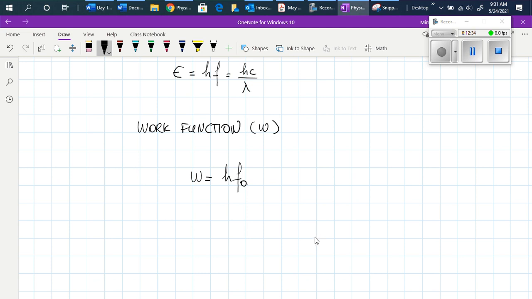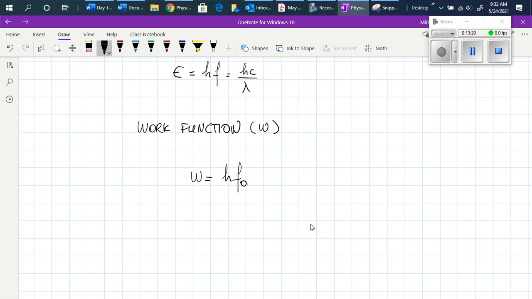In addition, Einstein's model implies that if you increase the number of photons striking the metal surface, which is the intensity of the light, because the intensity of the light is the number of photons, the amount of light entering per unit of time, then more electrons will be removed from the binding energy that the electrons have on the surface of the metal.